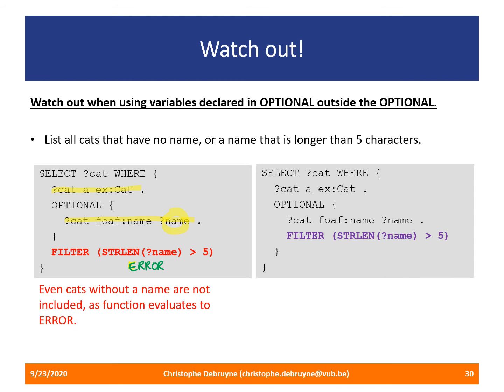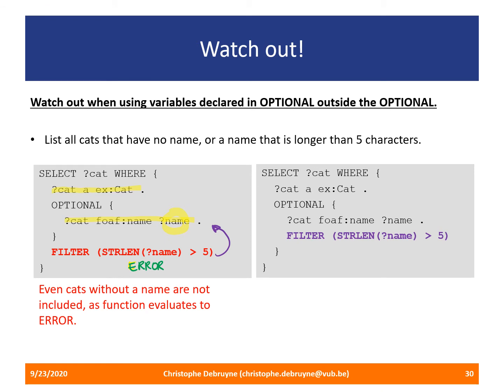To solve this, you just have to move this pattern inside the optional clause as done here. And now in this particular case, we retain all the cats. And if those cats have a name, well, then that name must satisfy that particular criteria. Now, of course, if a cat has more than one name, only the names that are longer than 5 are retained.